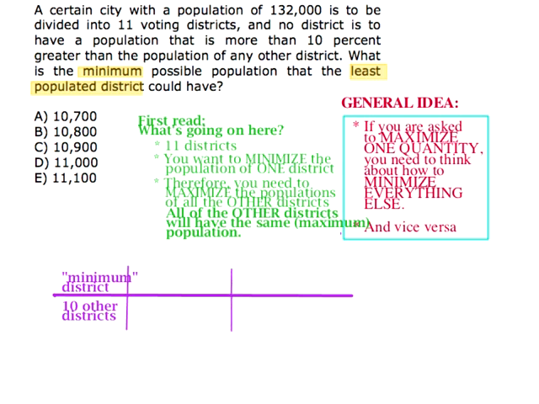So population per district, and then total population, and the sum of these total populations is going to be 132,000.